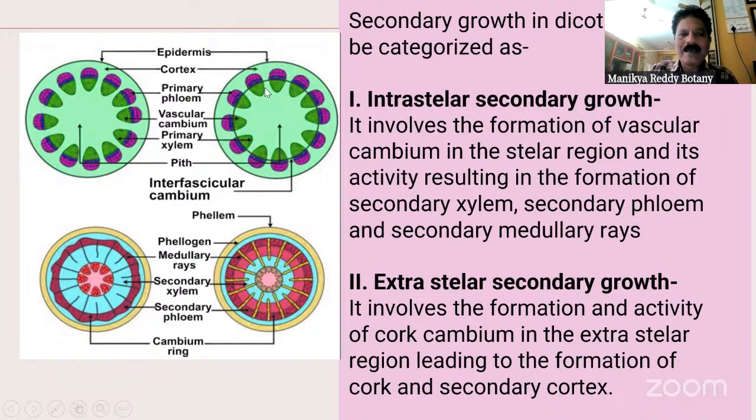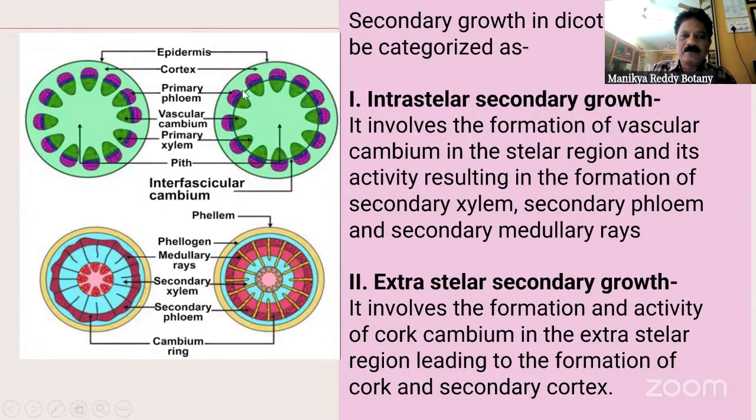It is simple parenchymatous tissue. The cells of the primary medullary ray which are opposite to the fascicular cambium, this blue strip present between the vascular bundles, become meristematic. That is called interfascicular cambium.